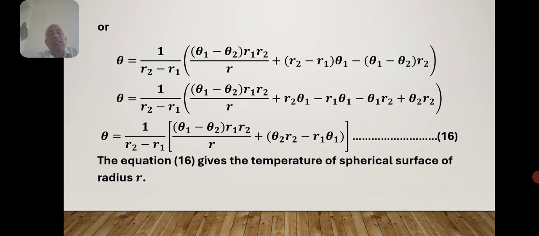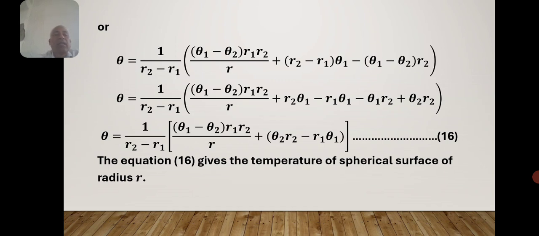In the next step, we will solve the brackets. Now 1 upon r2 minus r1 into the bracket theta 1 minus theta 2 into r1 r2 upon r plus, now solving this bracket means multiplying theta 1 by r2 minus r1. Therefore it becomes r2 theta 1 minus r1 theta 1 minus theta 1 r2 plus theta 2 r2.